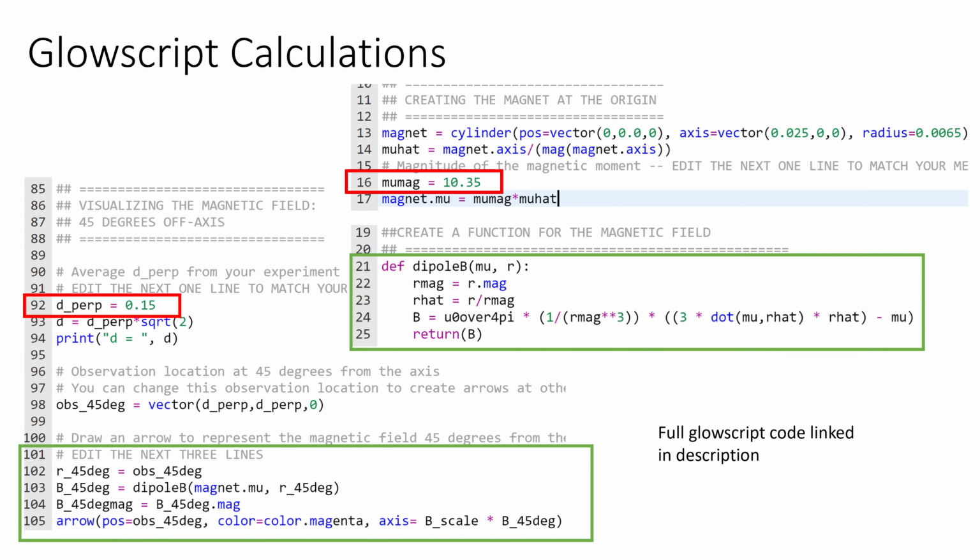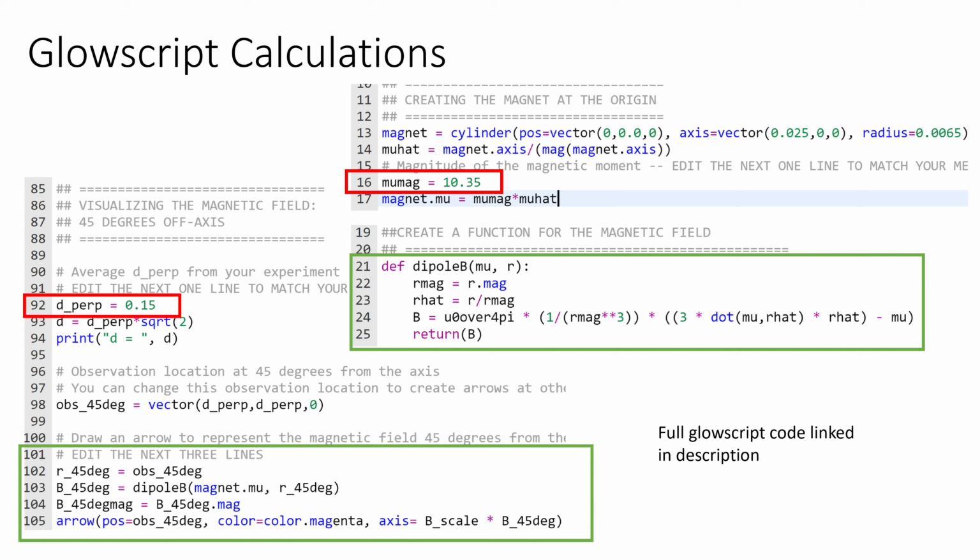Now, we can take our pieces that we just calculated and put them into our Glowscript code in order to create a calculation for the off-axis magnetic field. We calculated mu mag, which is in the red box, and we calculated d perp, which is in the other red box. In our green boxes is our function in order to calculate the magnetic field.